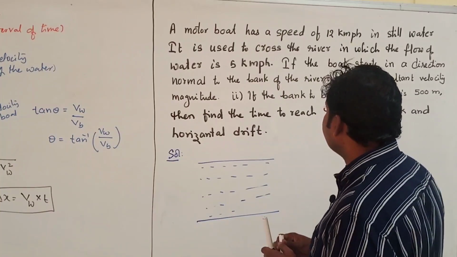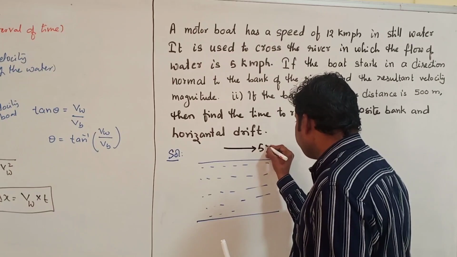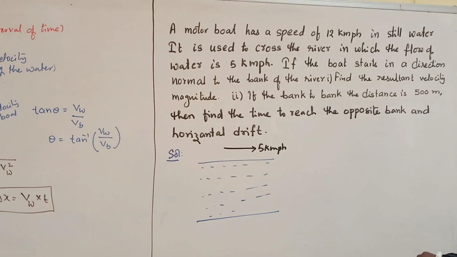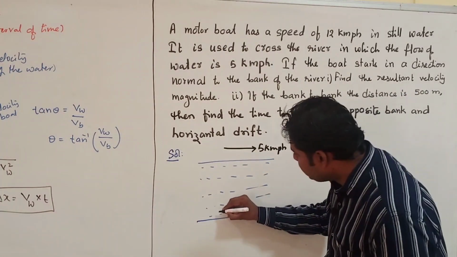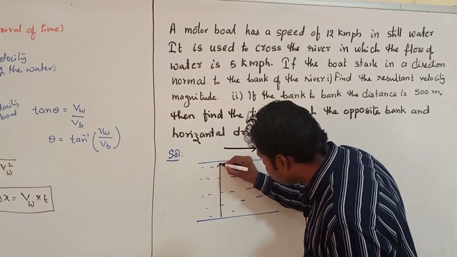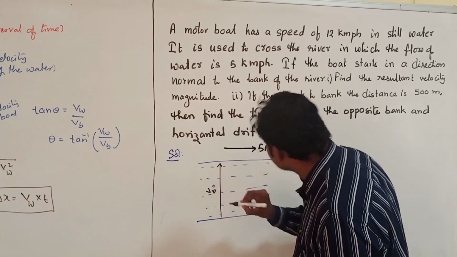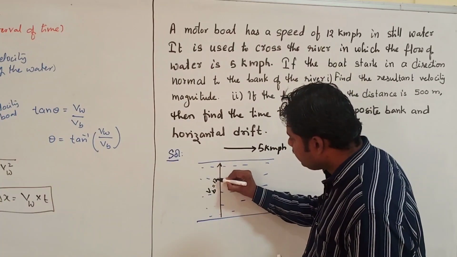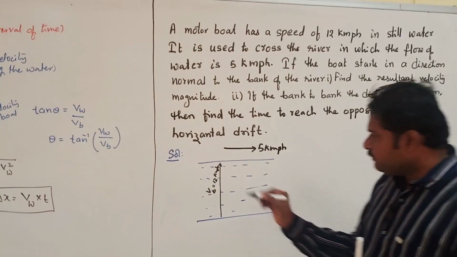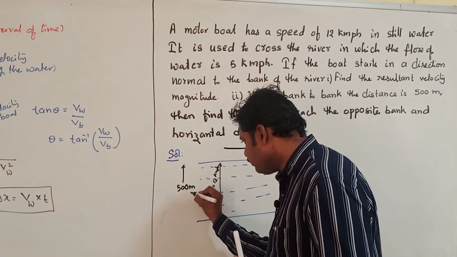Now the water speed is given here as 5 kmph. Water speed is 5 kmph. Now the boat starts normal to the bank. This is the boat, and VB is given as 12 kmph. And the distance from bank to bank is 500 meters, which is half a kilometer.